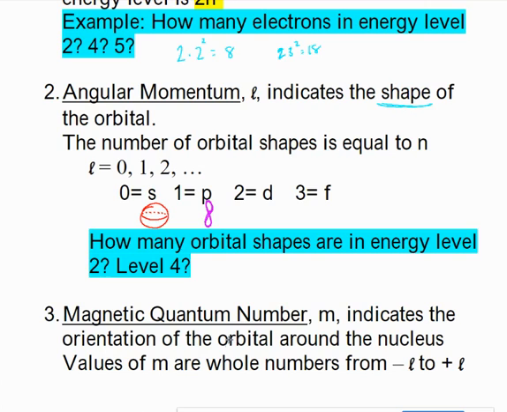Okay, then we have the d orbitals. The d orbitals have 4 lobes, and they look like, oops, that's not the best drawing of it. They're symmetrical. Okay, but you guys get the idea. So here is my d orbital. Kind of looks like a 4-leaf clover. Okay, there are 4 lobes in the d orbital.